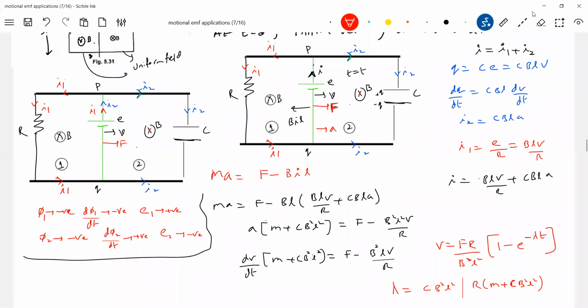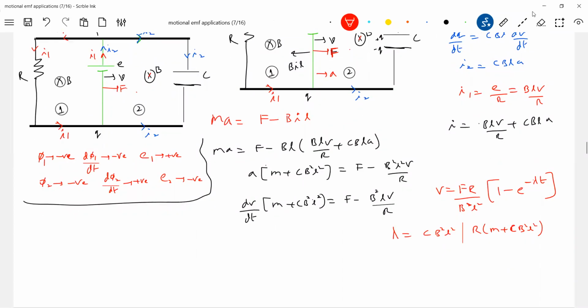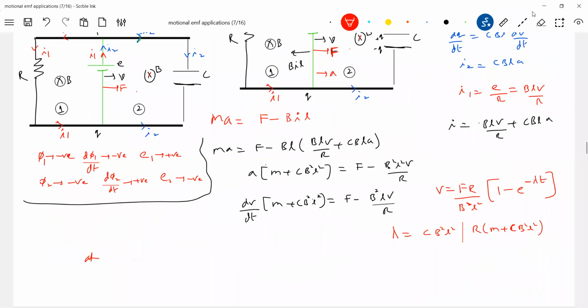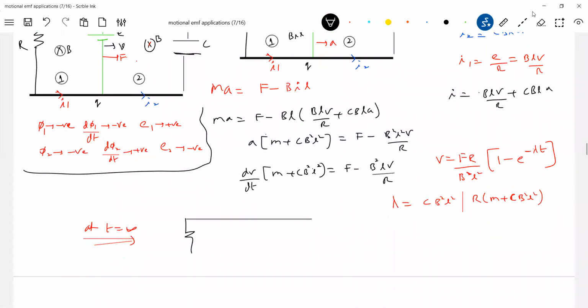Then what is the steady state charge across capacitor, they ask you. At t equal to infinity, what is the charge stored in the capacitor? Can we analyze the circuit at t equal to infinity? The total circuit will be, at t equal to infinity.